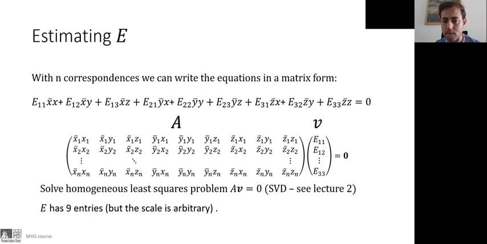Do you try to prevent the solution from being the trivial solution of just all zeros? Yes. When I say that we solve the homogeneous least square problem, I mean that we minimize the norm of AV such that the norm of V is 1. So it cannot be zeros. Okay, thanks.